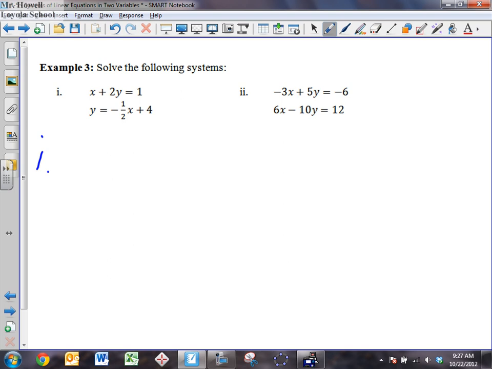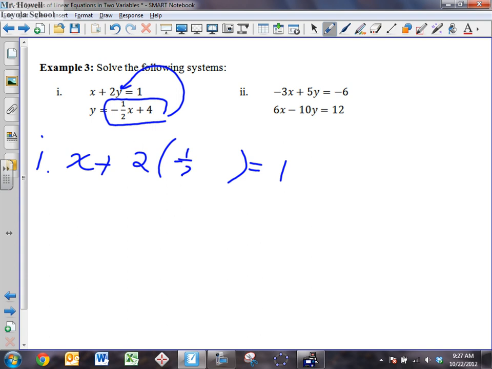Yeah. So go like this. X plus 2. And take this quantity that's solved for y and plug it in right up here for that y value. Okay? So let's do that. We're going to have -1/2 x plus 4. And now just solve by distributing, right? So let's do this.